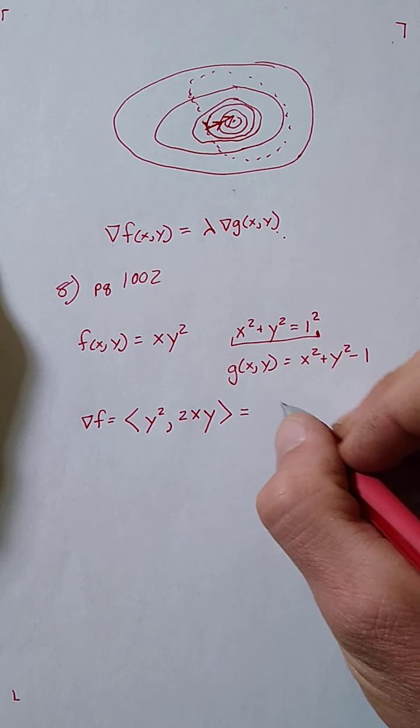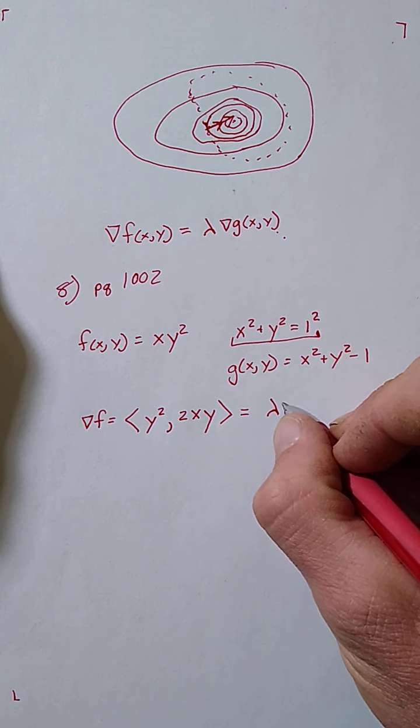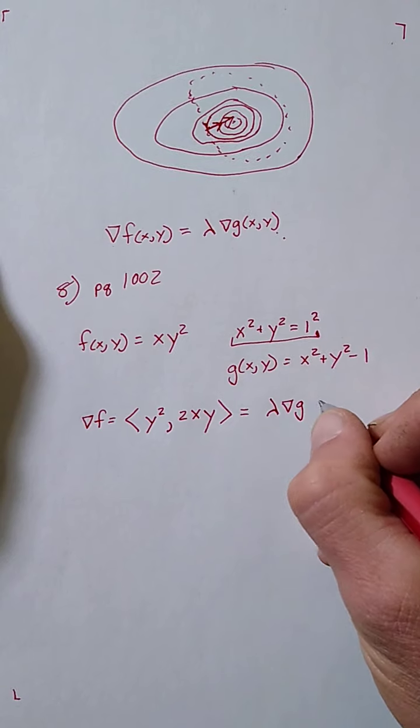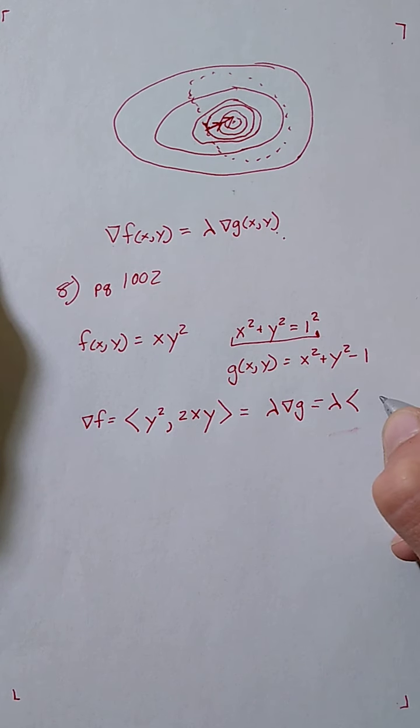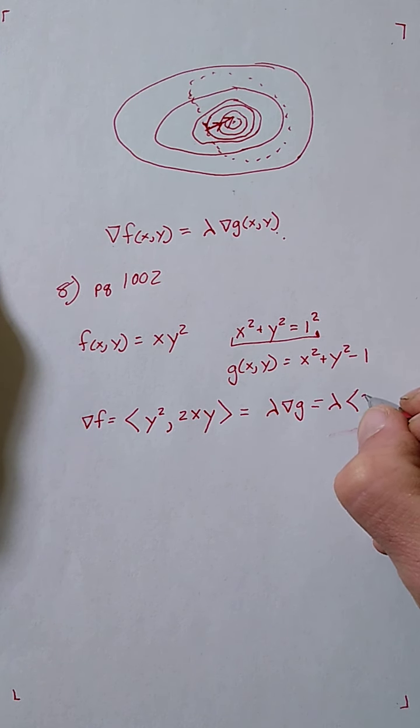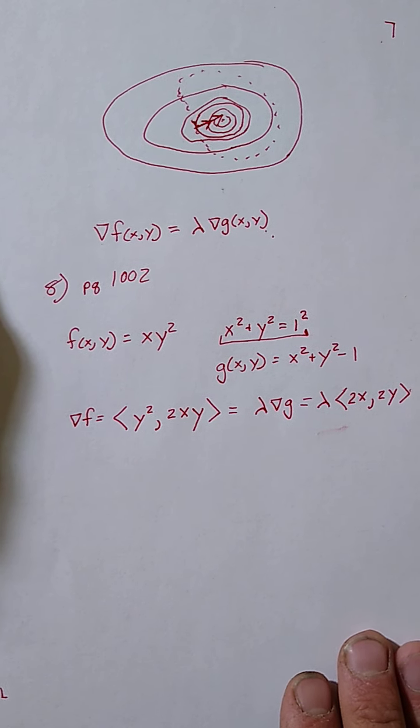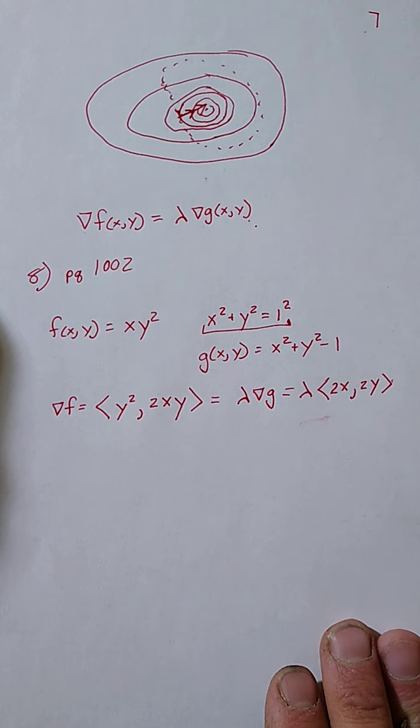That has to equal lambda times the gradient of g, which equals lambda times, the derivative of that with respect to x is just 2x, the rest of it's a constant, and the derivative with respect to y is 2y.